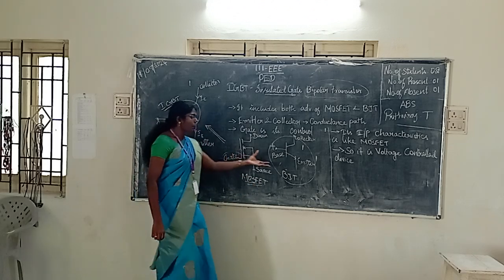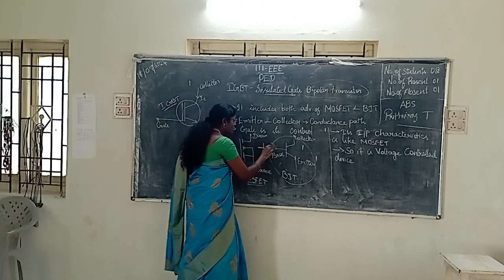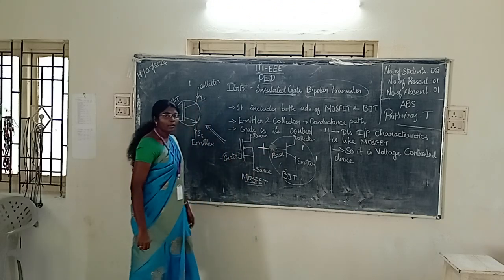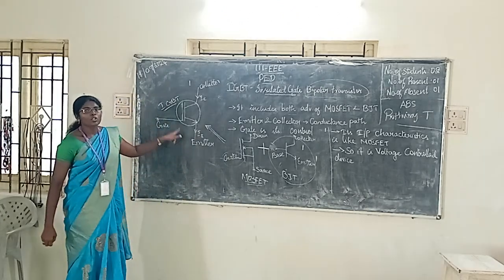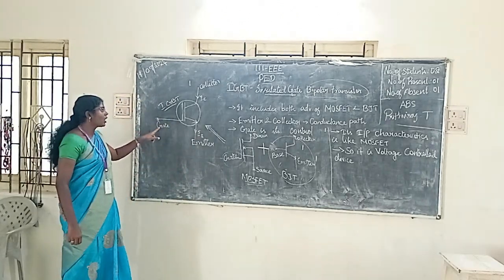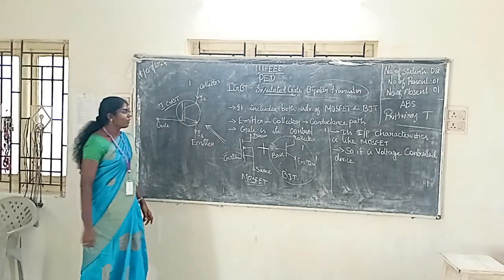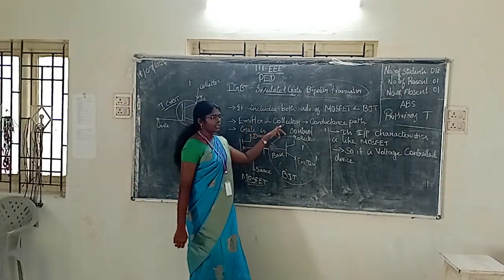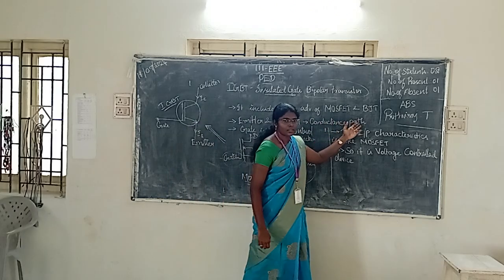So we are going to combine the construction of the MOSFET as well as the construction of the BJT together to form the IGBT. So the three terminals of the IGBT are gate, collector, and emitter. Emitter and collector are the conductance part.